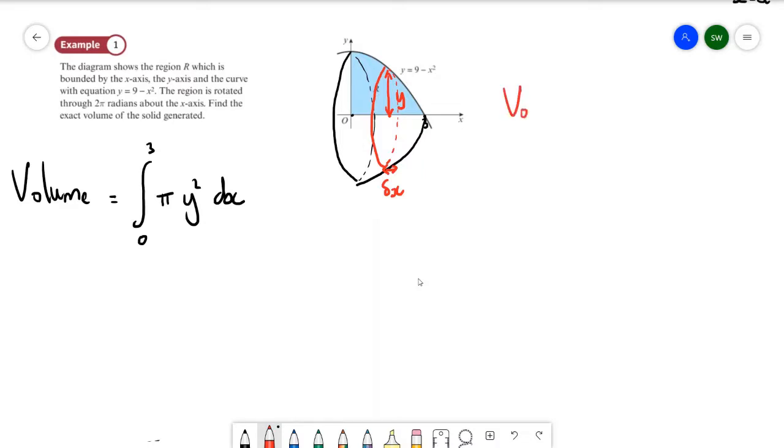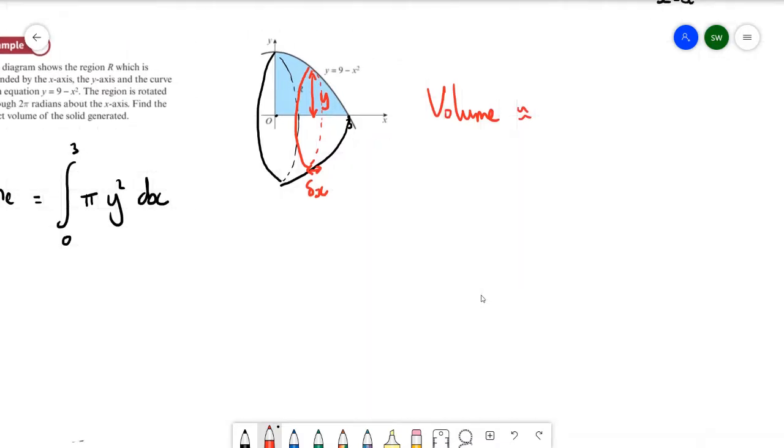So the volume is going to approximately be equal to the sum of each of these cylinder volumes. So the volume of each cylinder is going to be pi times the radius squared, the radius of each cylinder is y, times the height of each cylinder, which is delta x. And I want delta x to get closer and closer to 0.